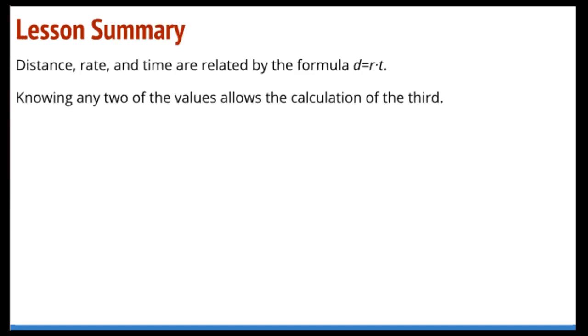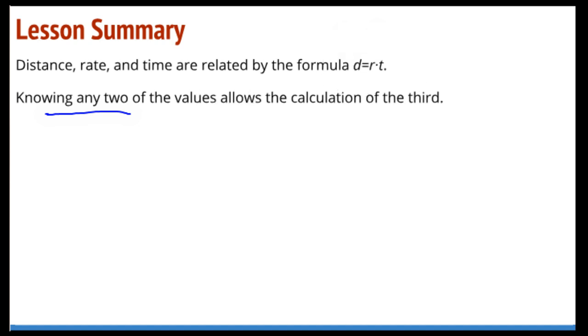So distance, rate, and time are related in this basic formula here. Distance is equal to the rate multiplied by the time. If I know any two of the values, if I know the distance and the rate, I can find out the time. If I know the time and the rate, I can find the distance. If I know the distance and the time, I can find the rate.